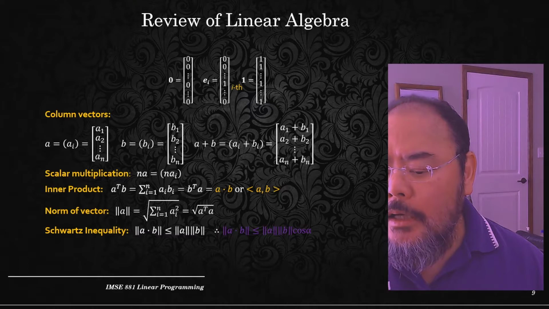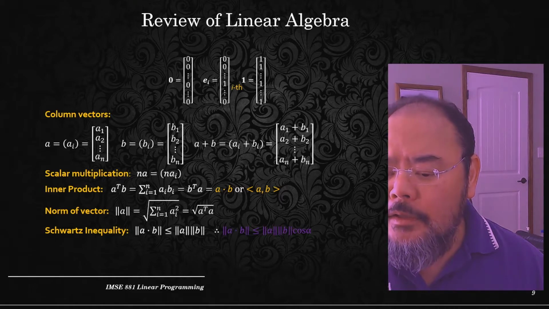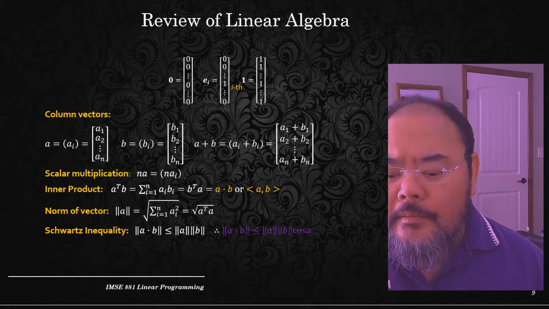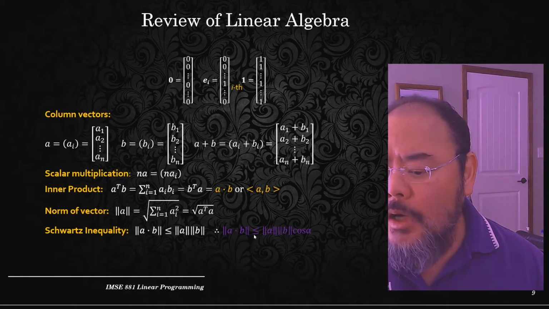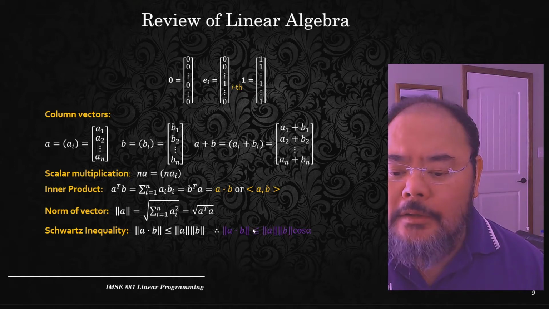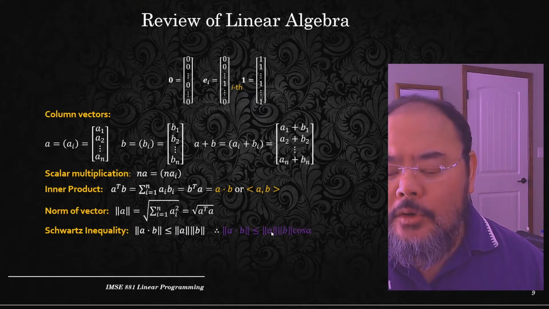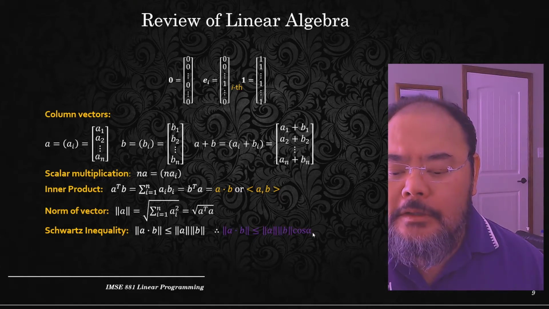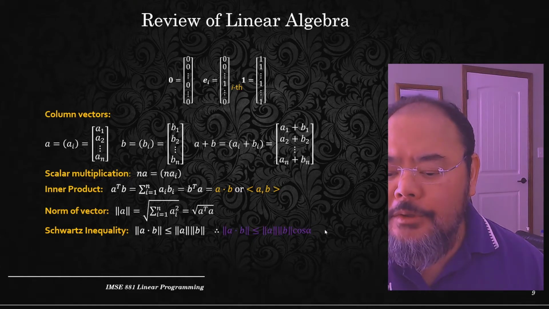Here is the equation. The absolute value of A dot B, which is A transpose times B, is less than or equal to the norm of A times the norm of B. In fact, this is the Schwarz inequality. And A dot B equals the norm of A times the norm of B times the cosine of the angle alpha between the A and B vectors.